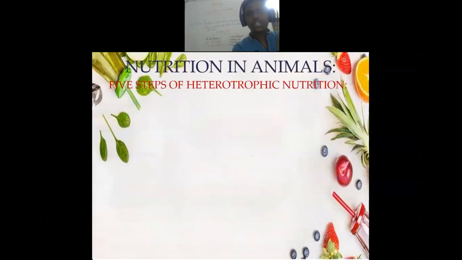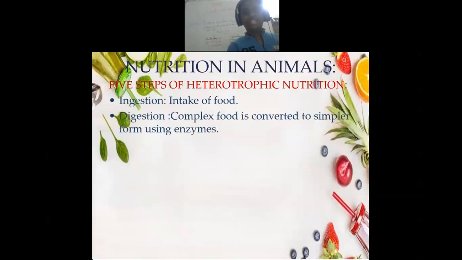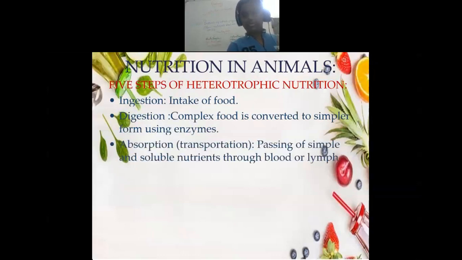Nutrition in animals. In nutrition in animals, there are 5 steps involved: ingestion, that is intake of food which is done by mouth. Then digestion, the complex food is converted into a simpler form. And absorption, in which the digested food is absorbed and transported to all the parts of our body.